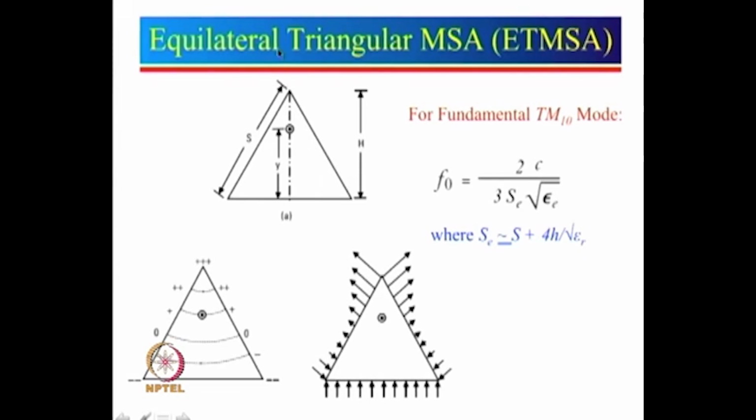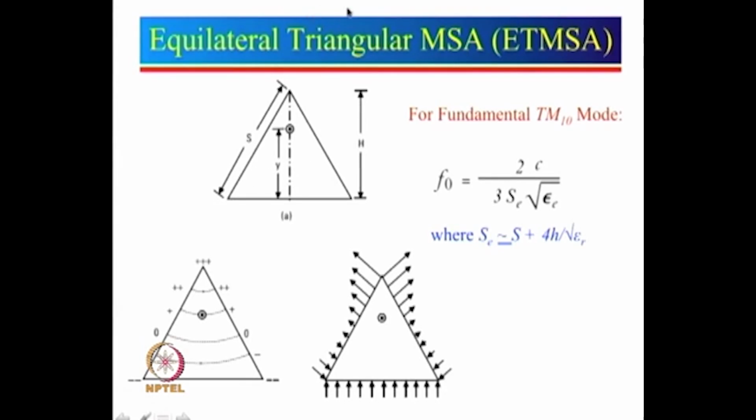And over here we have shown the feed point along the center. If you recall, every time we put the feed point on the central axis, for the rectangular patch and also for the circular, the reason is that if you put it in the center, it becomes a symmetrical antenna, and if it is symmetrical, then the cross polar components get cancelled.